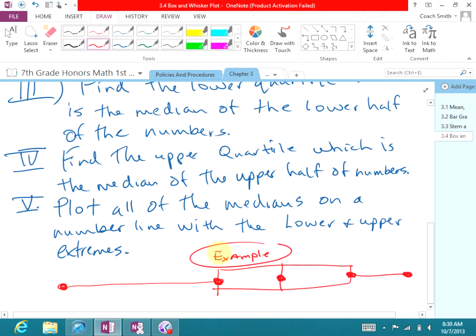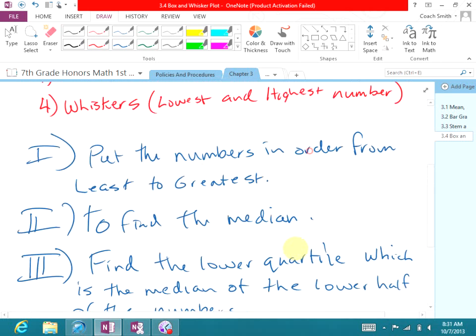Now, you will have a number line above it, okay, and I'll show you that here in a second.